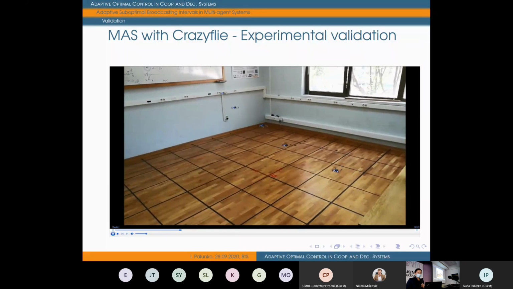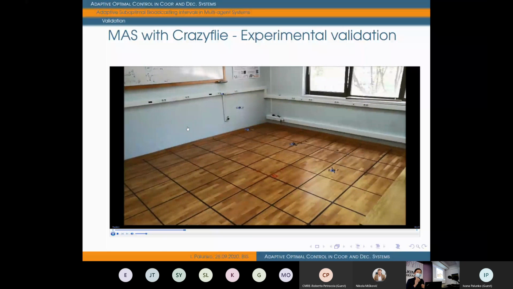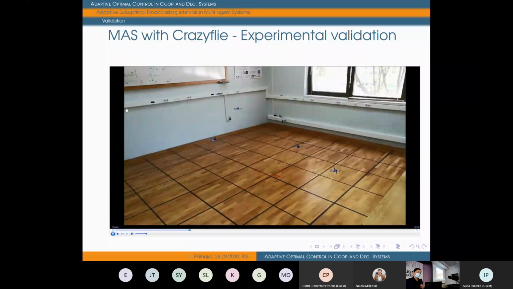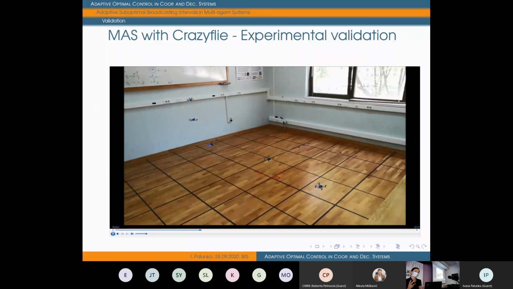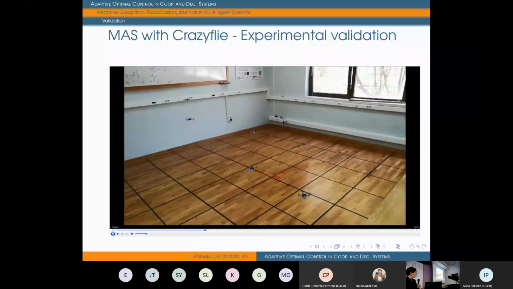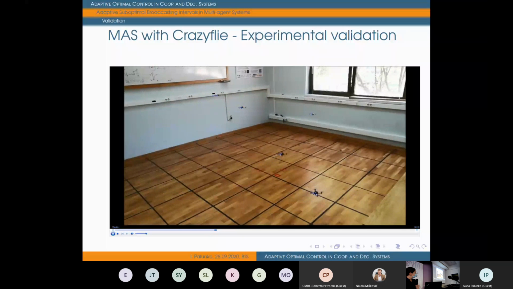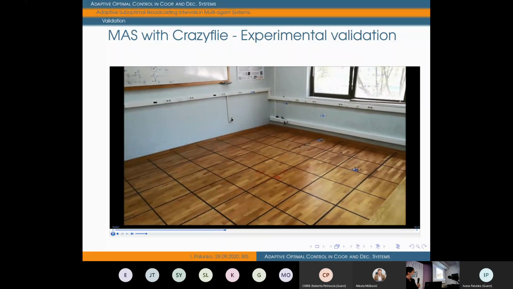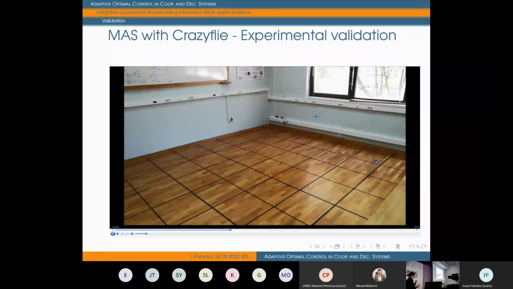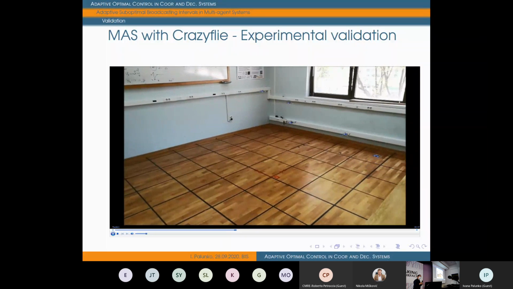Just to keep you informed, these quadcopters are really small and fast and stable. So this lagging is because of the delay in the system. So you have a leader, and they are lagging because we have real decentralized control with the real delay.